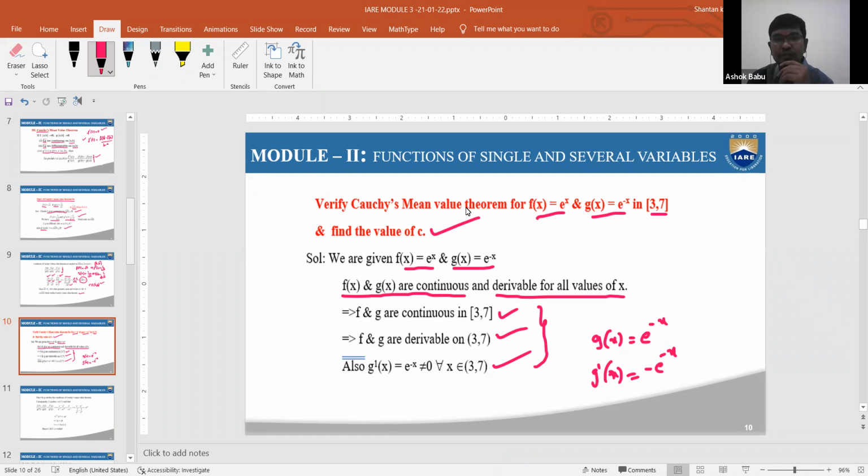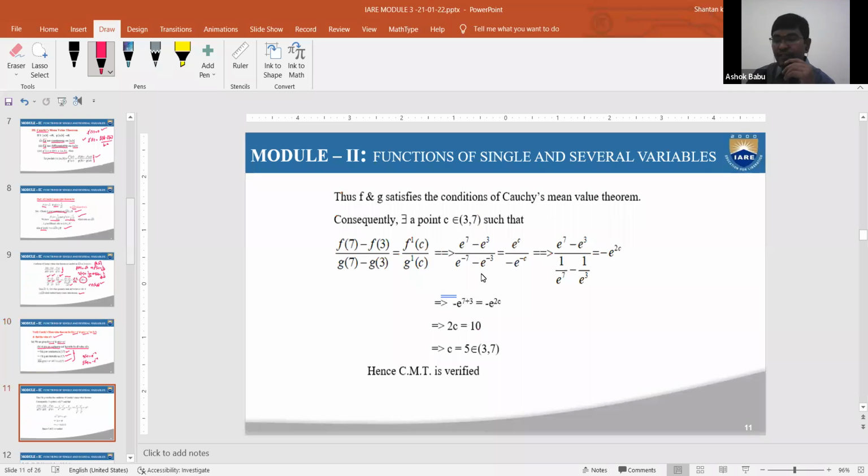That's good. Now we'll go to comparison with the help of the third condition: f dash of c by g dash of c is equal to f of b minus f of a by g of b minus g of a.